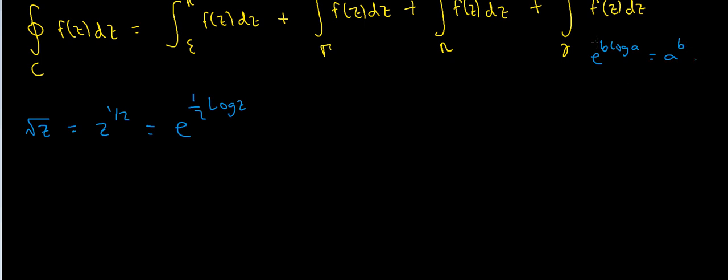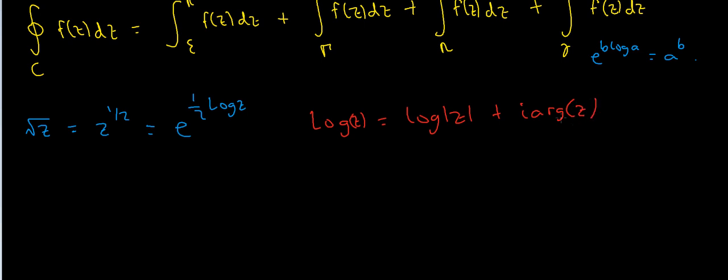You might know that from pre-calculus. Okay, so now the issue is, how do I define this complex logarithm? Well, the way I define this complex logarithm will depend on the choice of contour. So the usual way you do it is like this. You might normally say, let's take complex log of z to be the log of the modulus of z plus i times the argument of z.